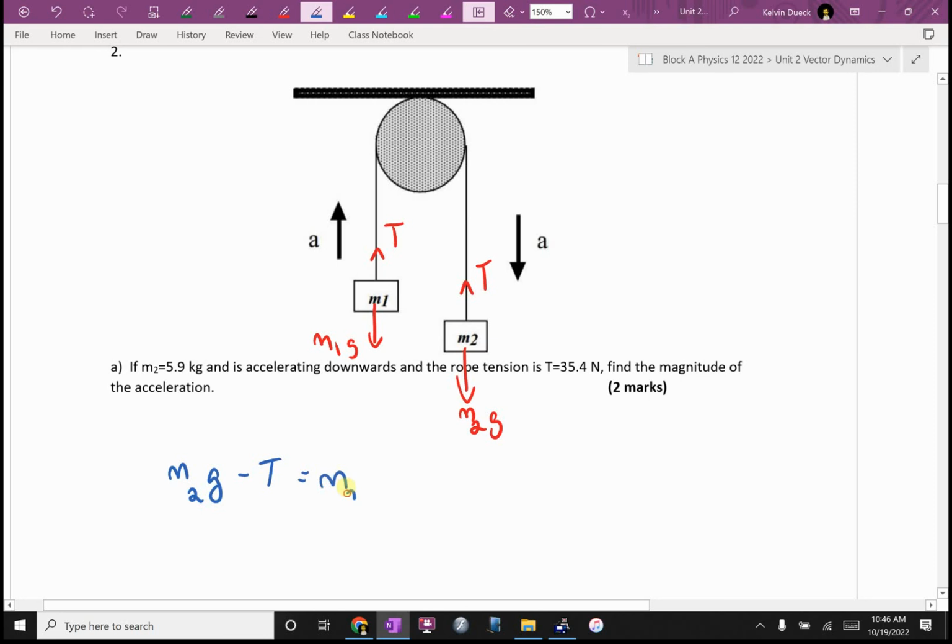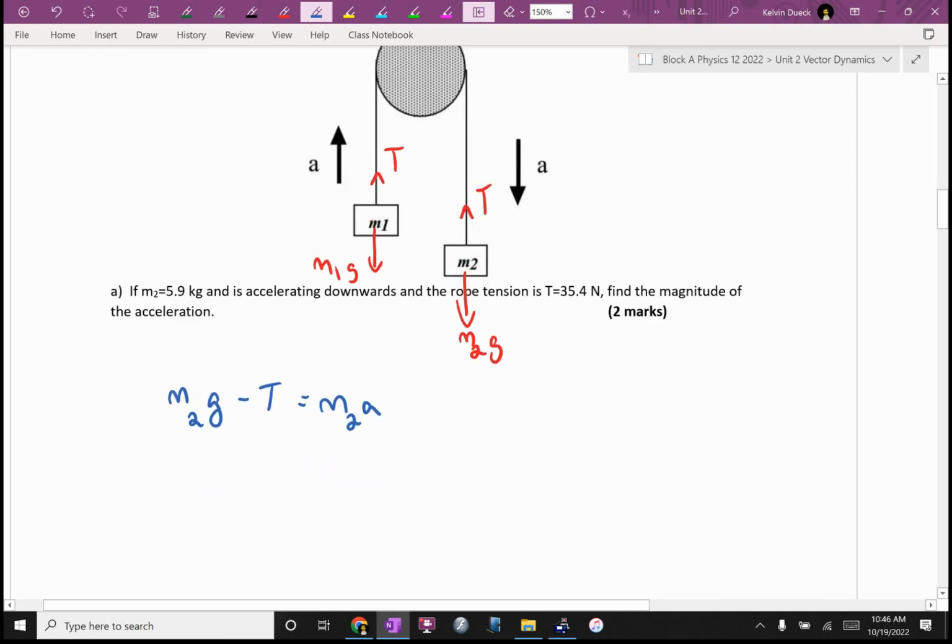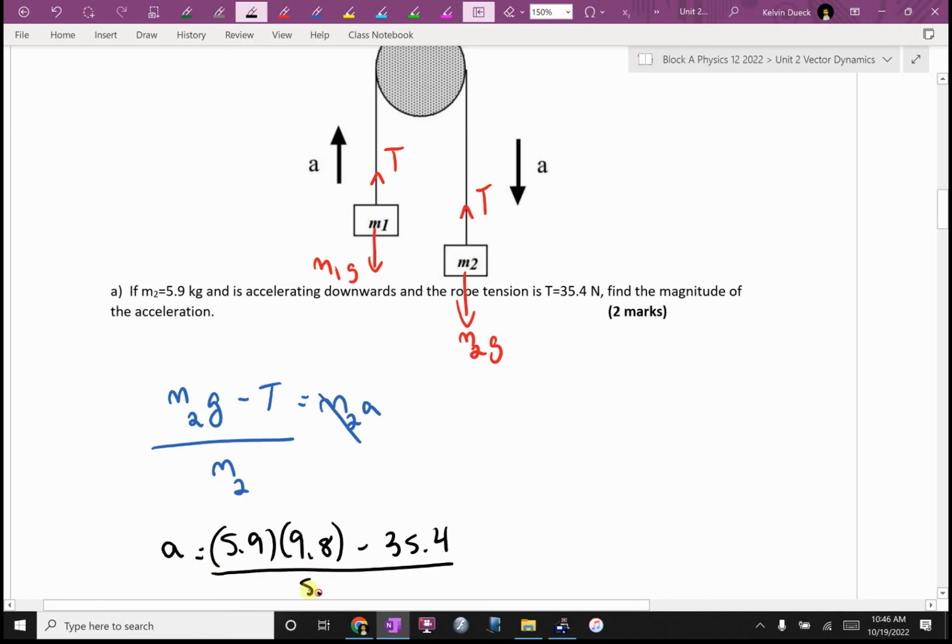That equals M2A. And it wants me to find the acceleration. Oh, they gave me the tension. I'm just going to divide by M2. A is going to be M2, 5.9, G, 9.8, minus 35.4, all divided by 5.9.